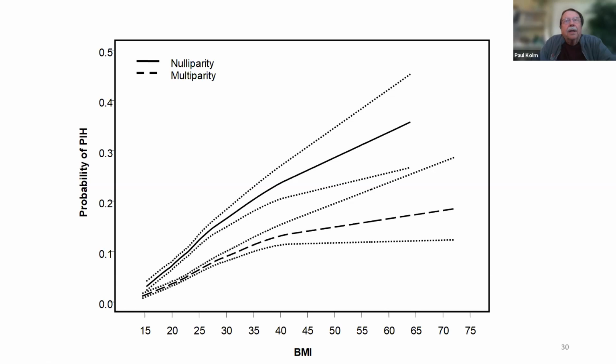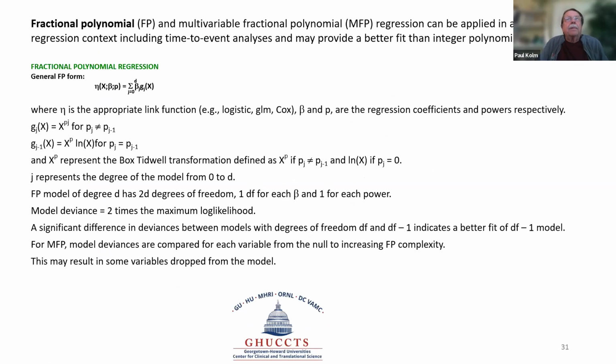Okay, so that's using polynomial regression, where we're using just integers, raising the covariate to different integer powers. So fractional polynomial is more complicated in the sense of how it's calculated, and I've given a detailed explanation here.